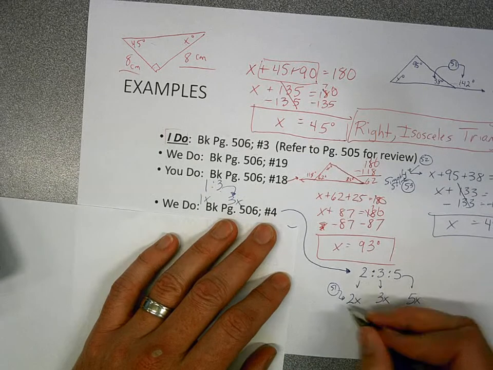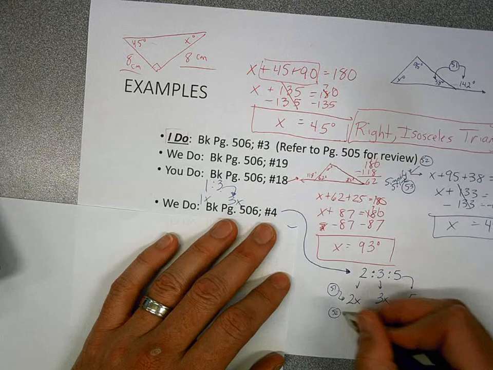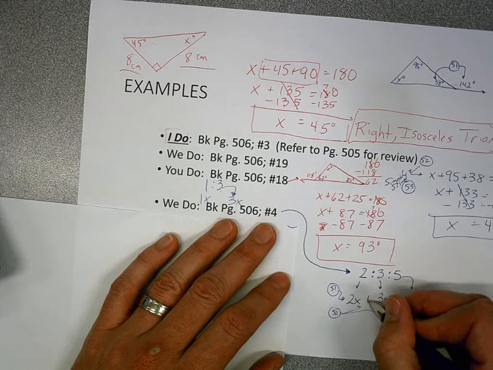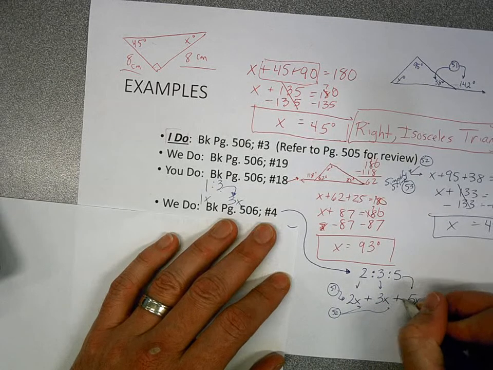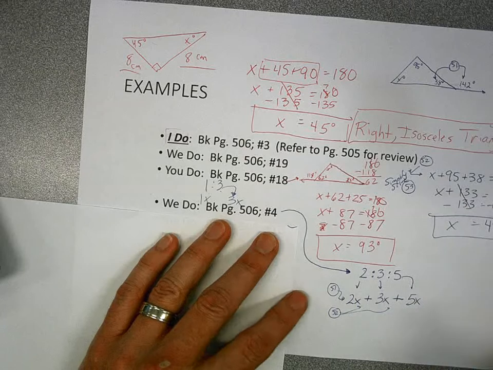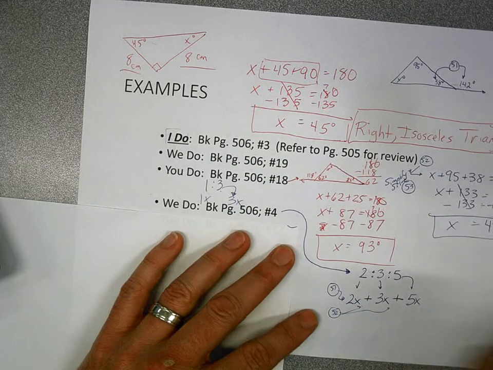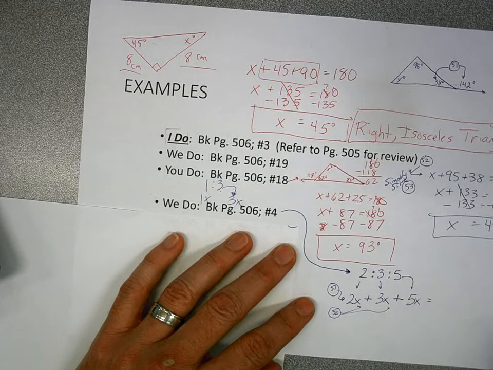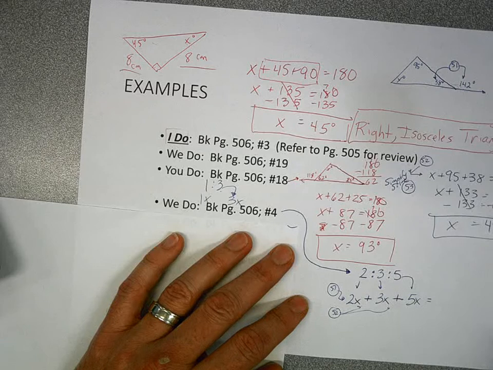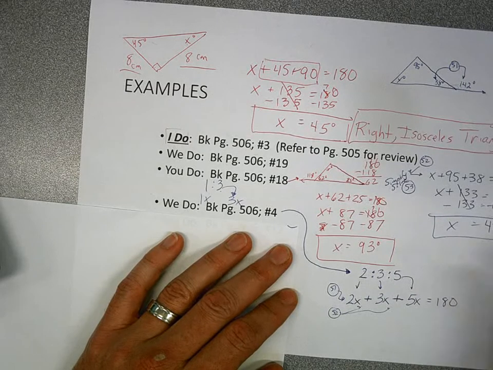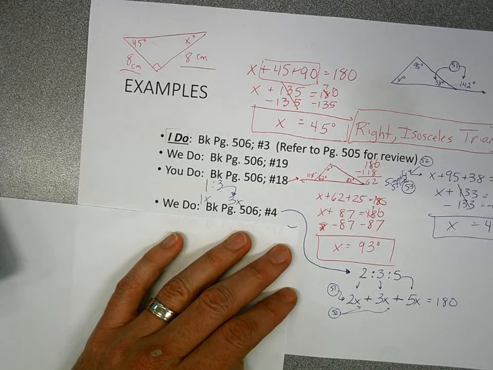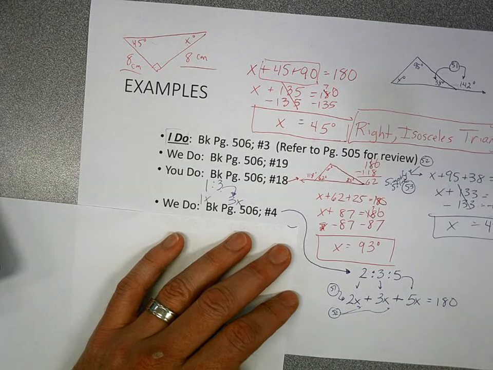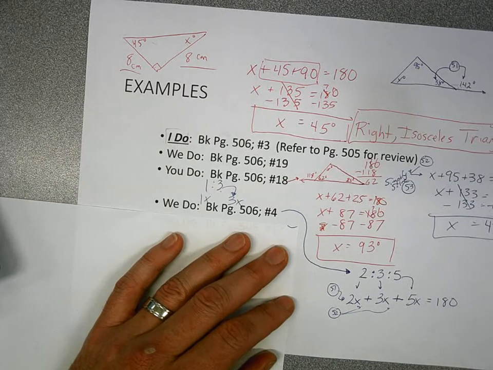Now after that, you are going to add them up, and considering that they are interior angles of a triangle, they're going to equal 180. 2 to 3 to 5 ratio of interior angles: 2x plus 3x plus 5x equals 180.